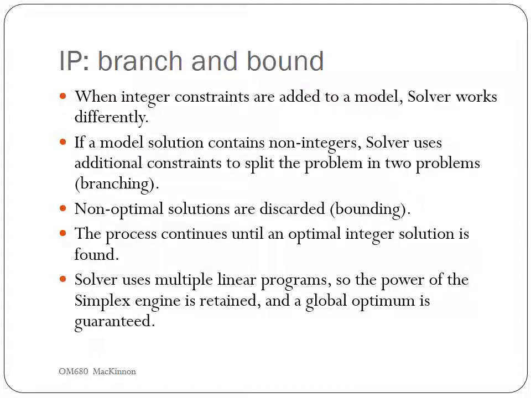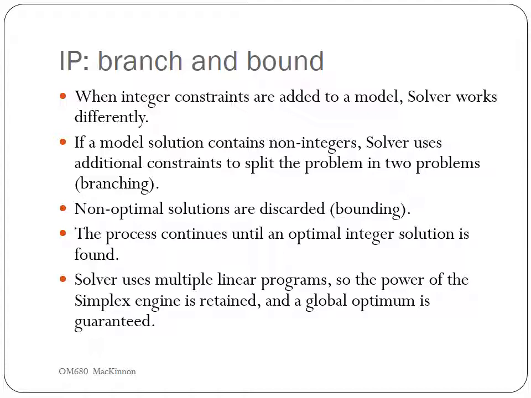Although by requiring integers we are strictly violating the rules of linearity, Solver uses multiple linear programs to find an integer solution. The book actually goes into a little bit more detail about branch and bound, so look that over. It's not really something that I want you to spend a lot of time on.